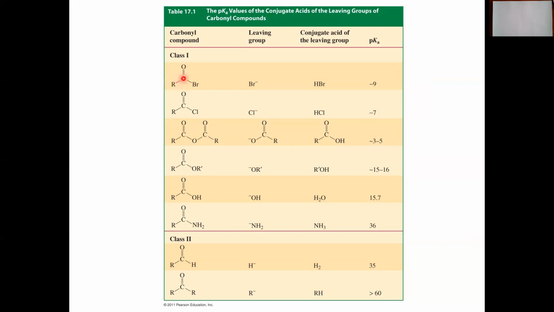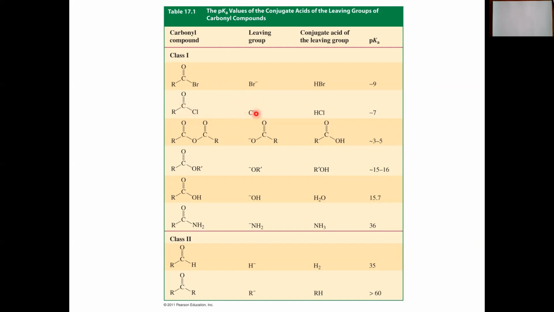So that carbon that's partially positive, if it got attacked by a nucleophile, this group is the leaving group that goes away after the nucleophile attacks. So it's Br minus that goes away. Again, this is a partially positive carbon, so if a nucleophile attacks that carbon, this chlorine is what gets substituted.